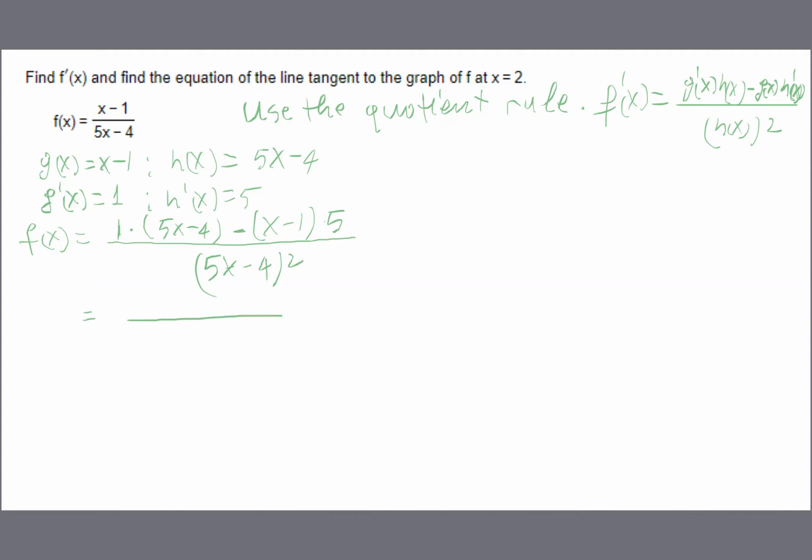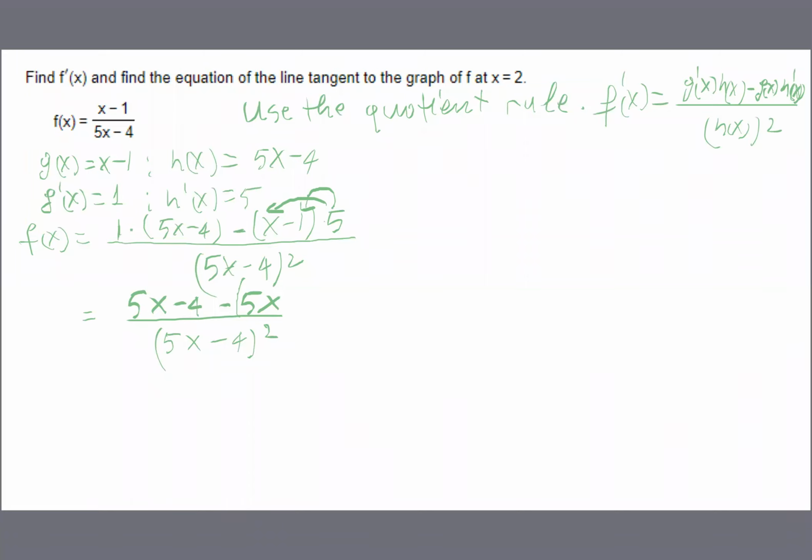Simplify this. 5x minus 4 squared. And then we have 5x minus 4 minus 5x. Distribute the 5 into x and into negative 1. Be careful with this minus here.